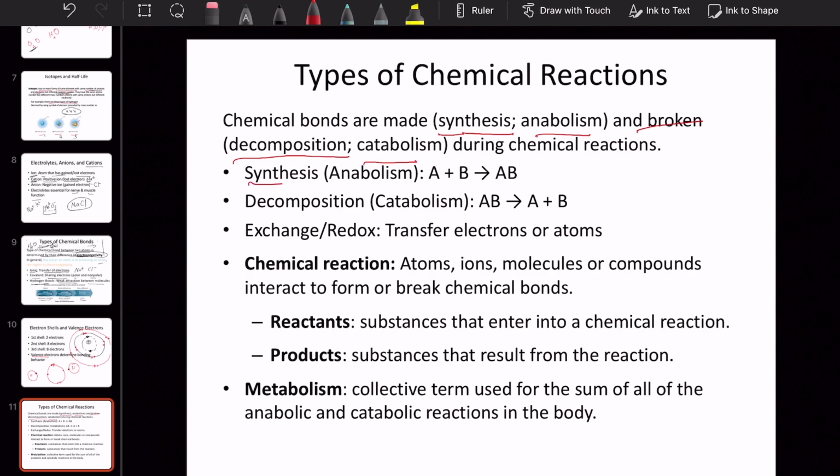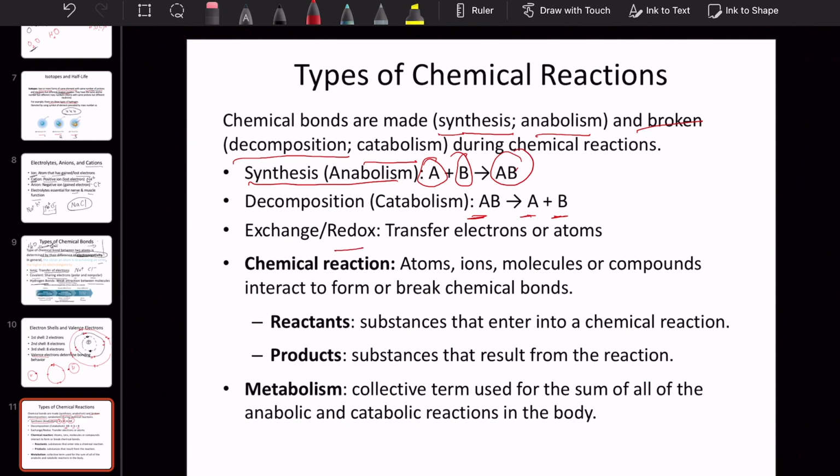So in a synthetic or anabolic reaction, A is a reactant, B is a reactant, and this is a product. This is a chemical reaction, a one-way reaction. Here in decomposition, AB breaks down into A and B, which are the products.